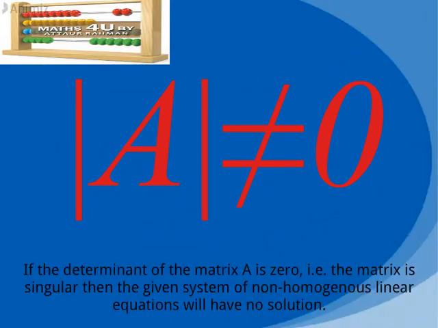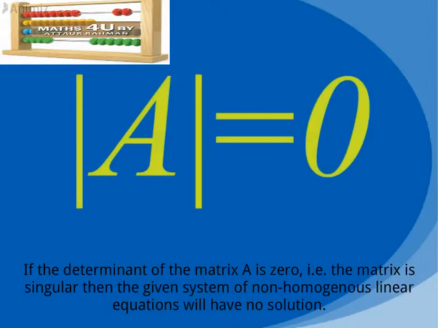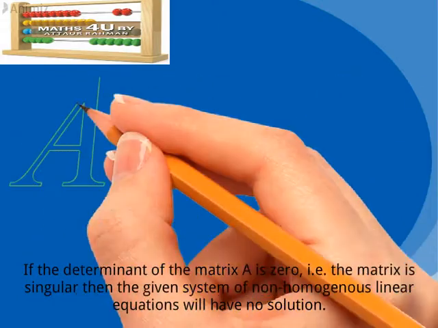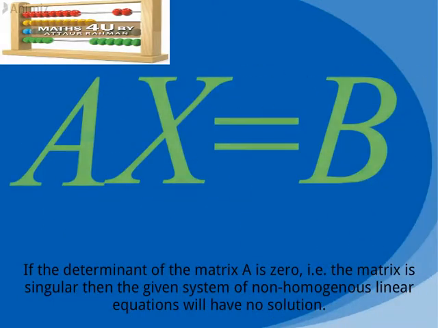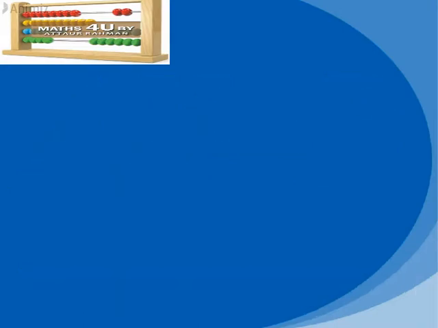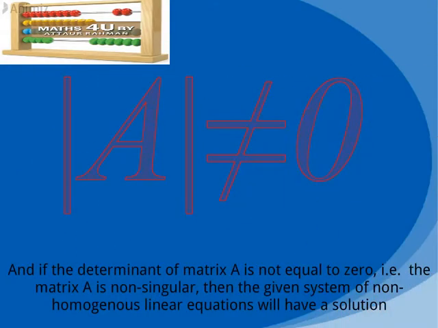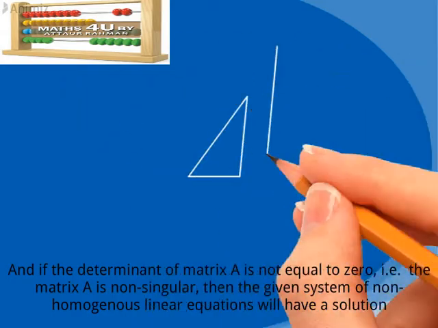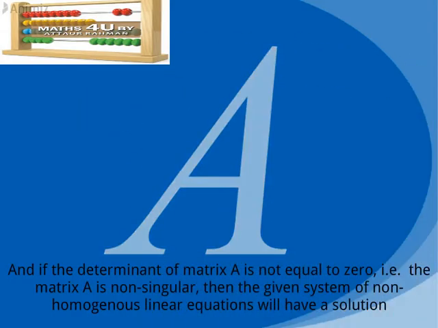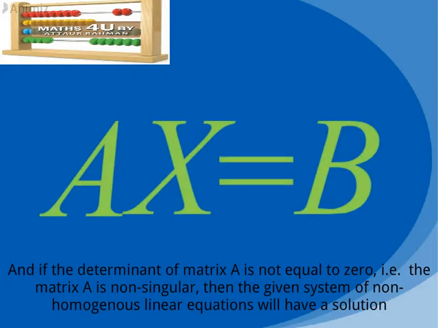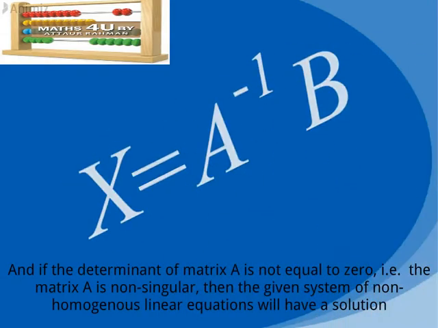If the determinant of the matrix A is 0, that is, the matrix is singular, then the given system of non-homogeneous linear equations will have no solution. And if the determinant of matrix A is not equal to 0, that is, the matrix A is non-singular, then the given system of non-homogeneous linear equations will have a solution.